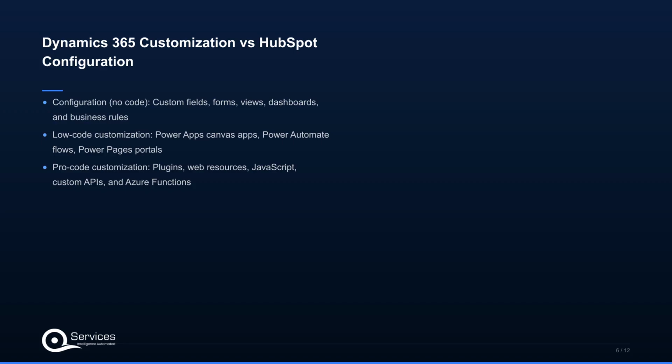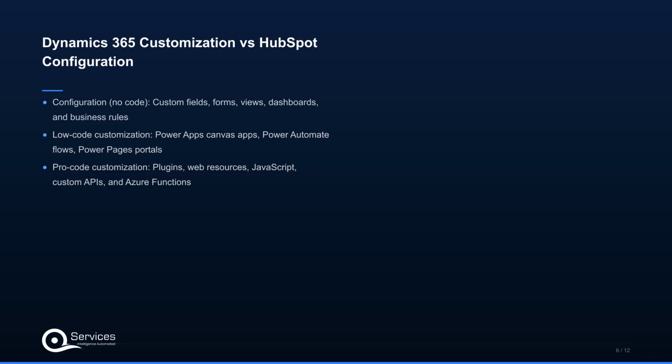The Pro-Code path is where Dynamics 365 customization gets genuinely powerful. You can build custom business processes, integrate with proprietary internal systems, override default platform behaviors, and create industry-specific workflows that no off-the-shelf CRM would support. For a deeper look at when to configure versus when to customize, see Dynamics 365 Customization versus Configuration, a practical decision guide.